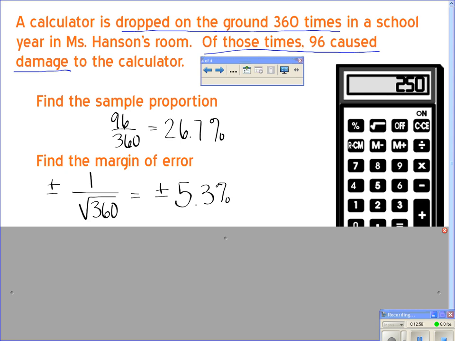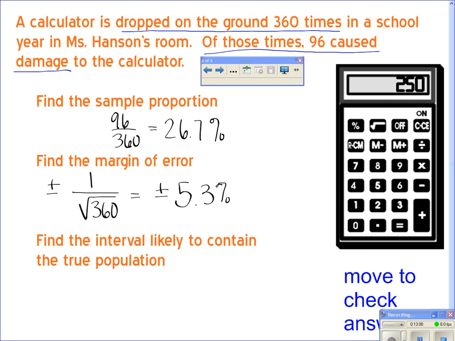So that gives us a range. So what is the interval that's likely to contain the true population of all classrooms when calculators are dropped 360 times? What would the range be? How are we going to do this? Subtract and add your 5.3.